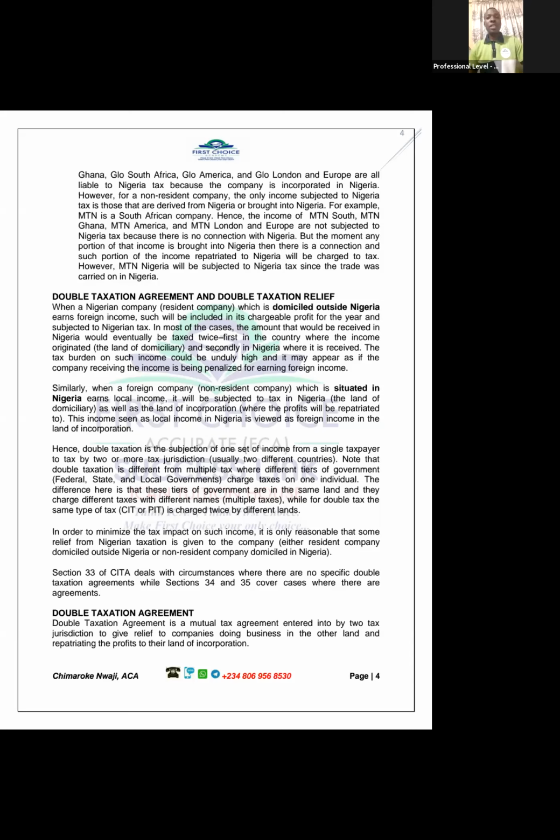And so you see, they have paid 200,000 in Ghana, and now they are paying 100,000 in Nigeria. So when you add these two taxes together, they are paying nothing more than 300,000 total. So you see, the tax that they are going to suffer in Nigeria can never be more than Nigerian tax.